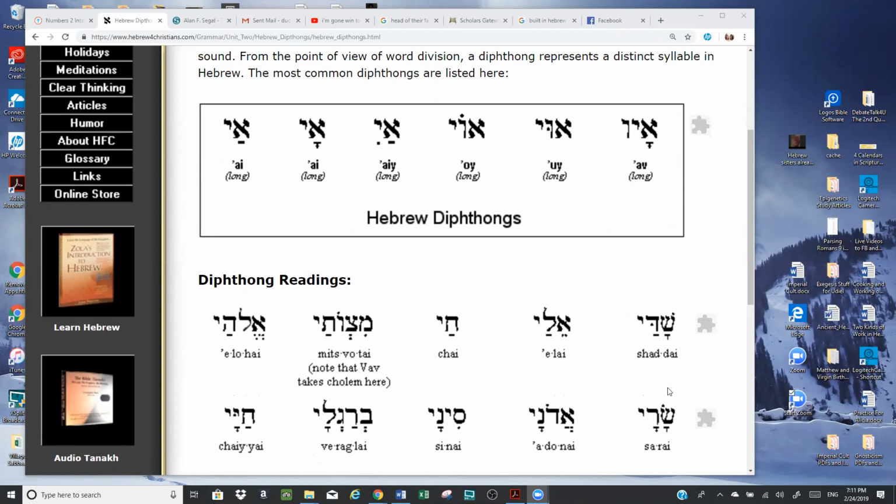The Mighty One, that has that patach and that yod there. But then look at the word Adonai here. You have your aleph with your hataf patach, and then you have your dalet with your holam, and then you have your noon, and then under the noon, look, you have your kamatz and your yod. That's where we get Adonai.